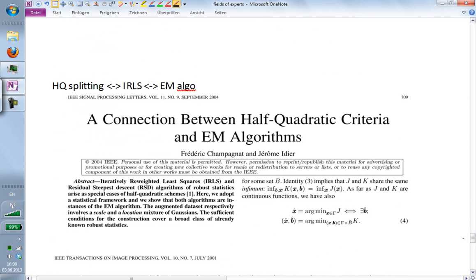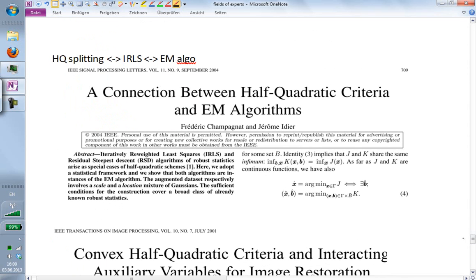I have a paper here by Champagnat and Idier, who showed that half-quadratic splitting is one particular instance of iteratively reweighted least squares, and for the kind of application here can be considered as an embodiment of the expectation maximization algorithm.